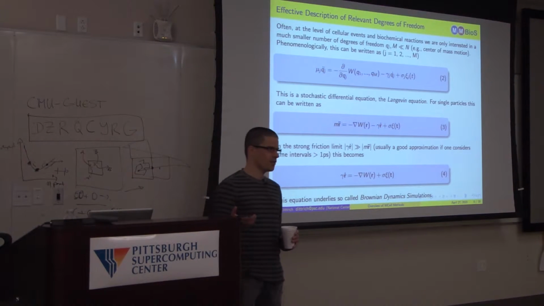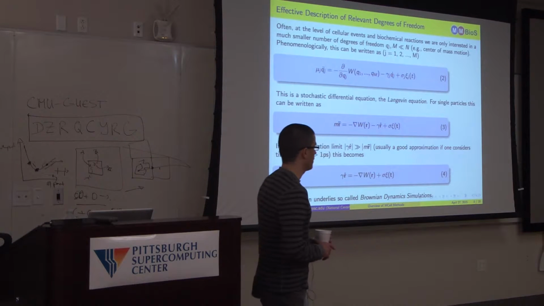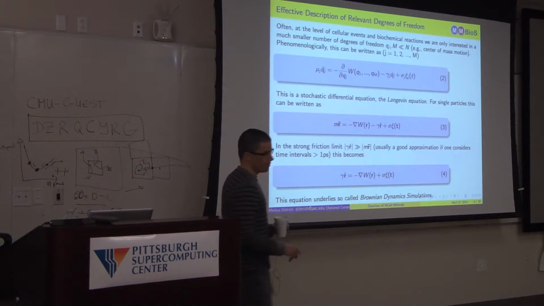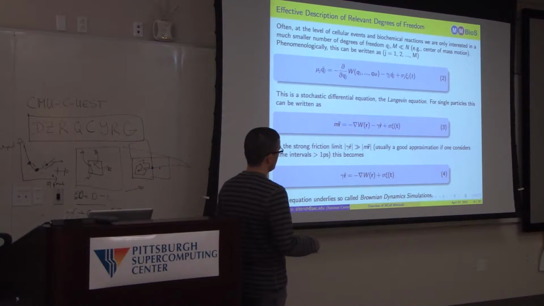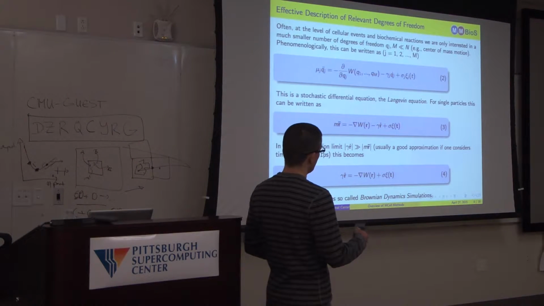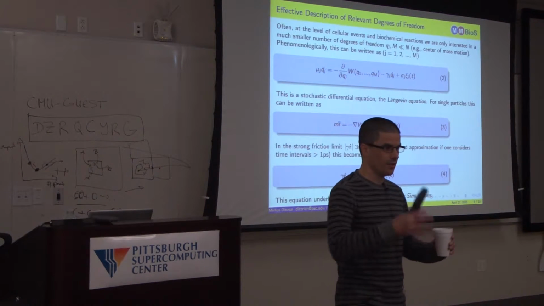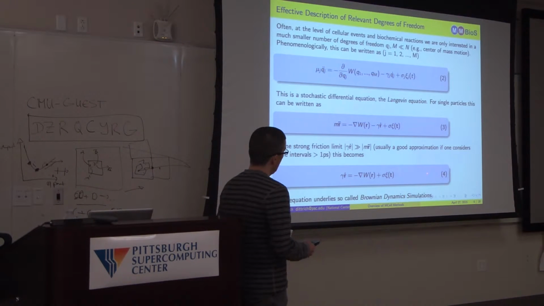It could be some reaction coordinate, some process that we're interested in. So if we confine ourselves to a smaller number of degrees of freedom, perhaps just the few channels I'm interested in, I take into account the rest of the system, most importantly the water molecules and all the solvent, in a phenomenological way.